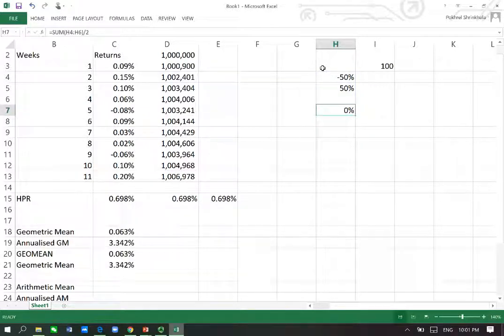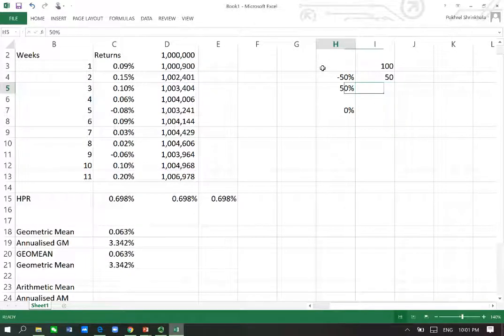So we get 0%. But this gives a wrong impression that the investor is breaking even, because the loss is only 0. However, if we look closely, then it's a different picture, because with 100, 50% lost means the remaining is only 50.